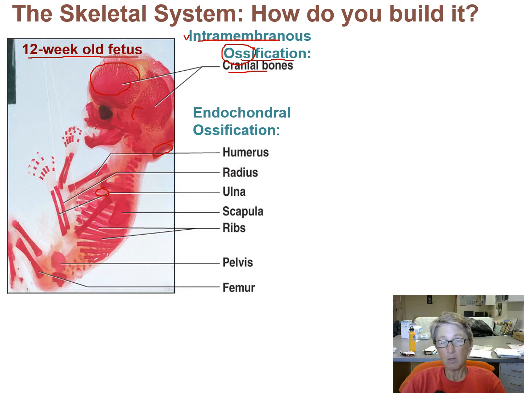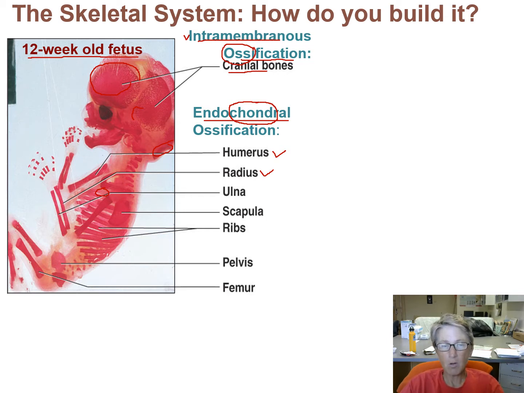To build your long bones and irregularly shaped bones that are not cranial bones, you use the process of endochondral ossification. And that's all these bones. For example, the humerus and the radius, you used endochondral ossification to build those bones. Remember, I told you that if you see chondra in any form, think cartilage.